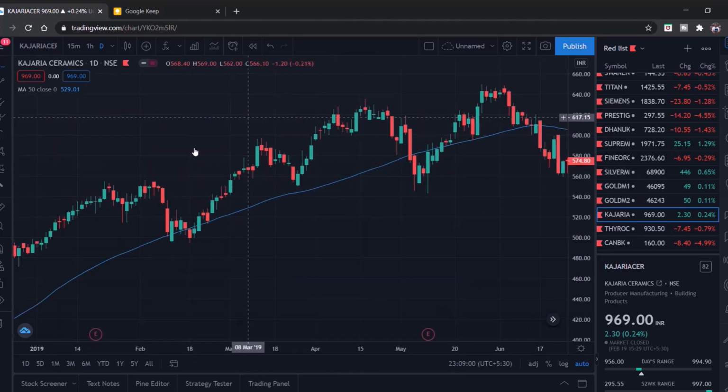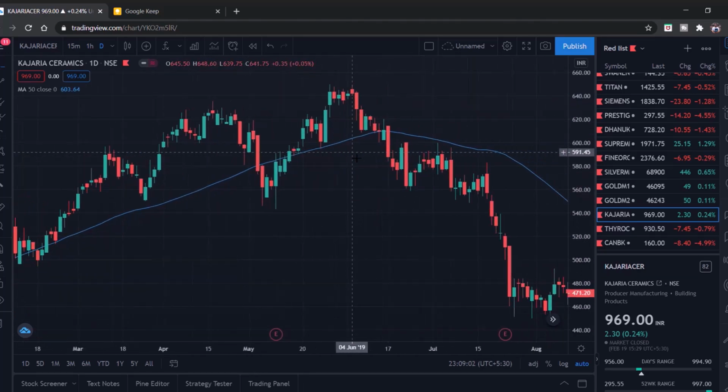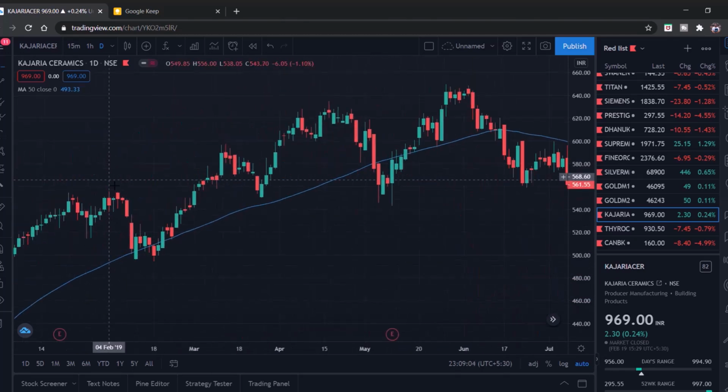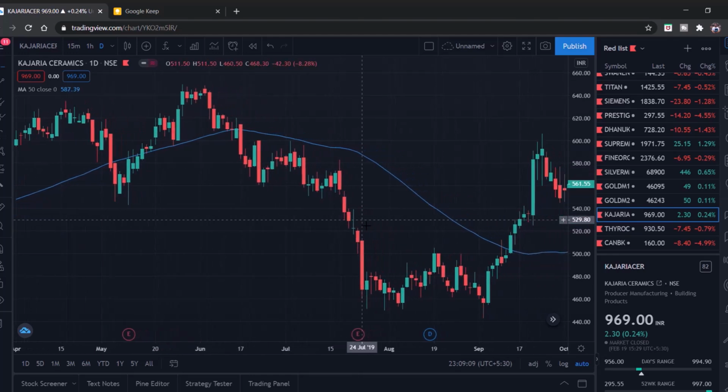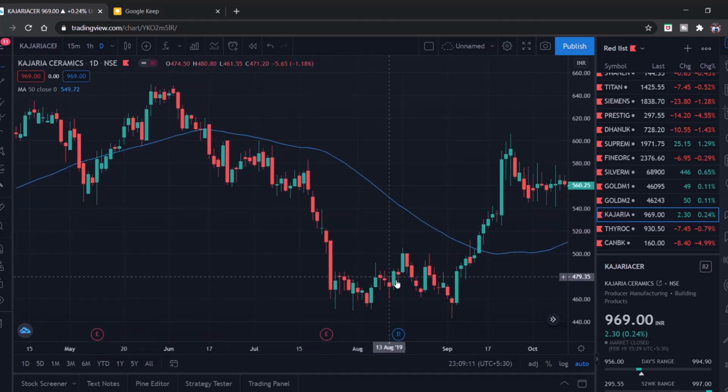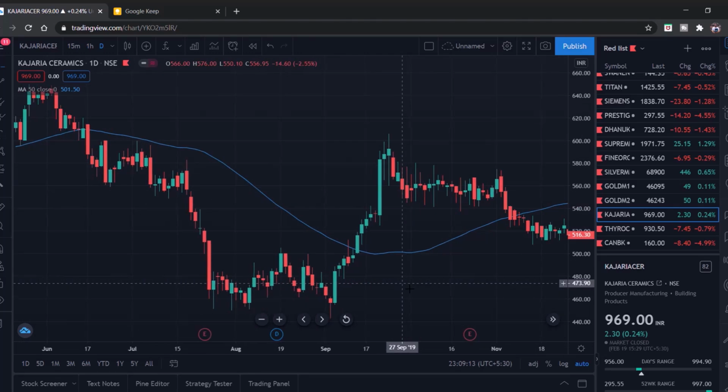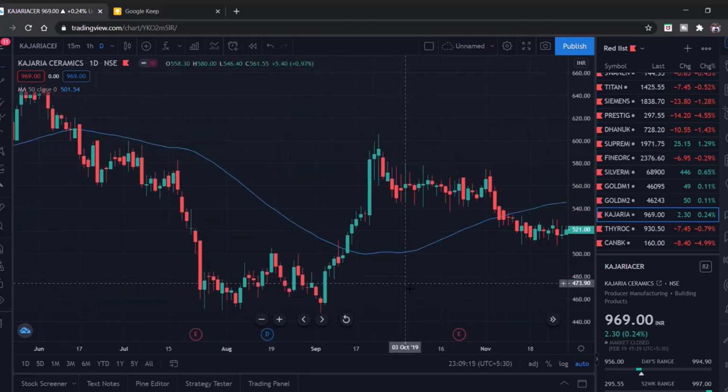So if you see, it kept us in the trade throughout the uptrend, although we had to re-enter 2 or 3 times, but as soon as the downtrend began, it closed below the line and we left the trade. So it worked beautifully in the uptrend and kept us safe during the downtrend.